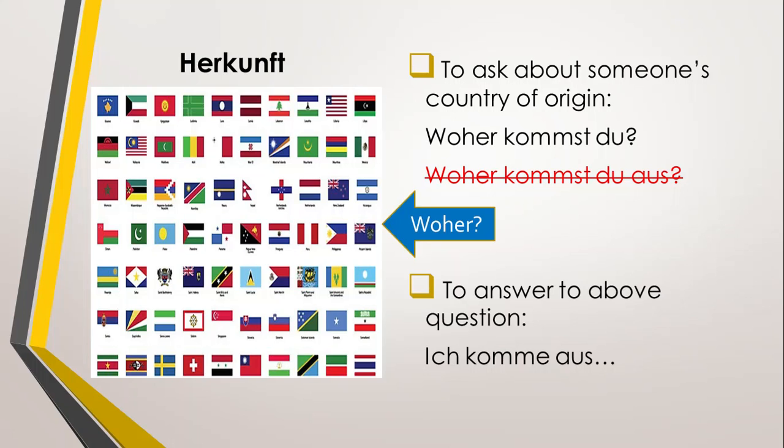So you will ask somebody about the origin by asking, woher kommst du? So if somebody asks me, I will say, ich komme aus Pakistan.